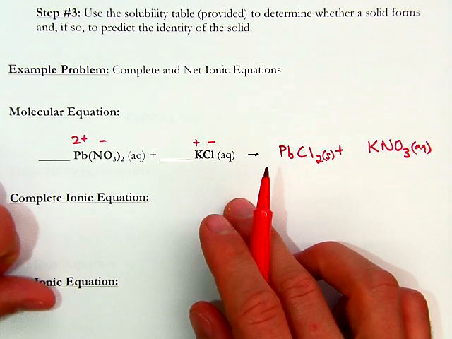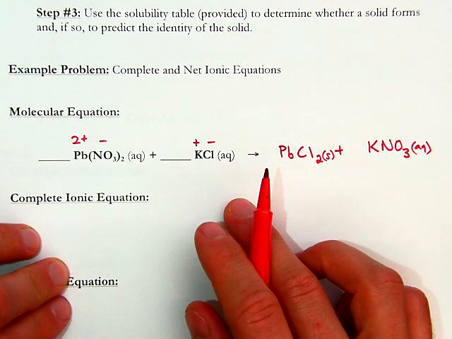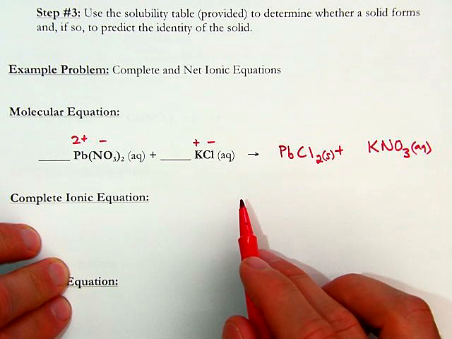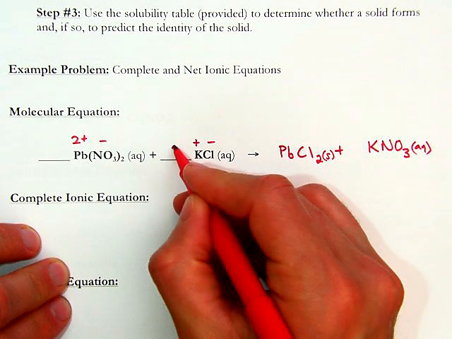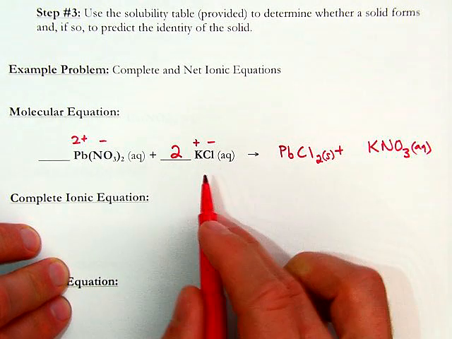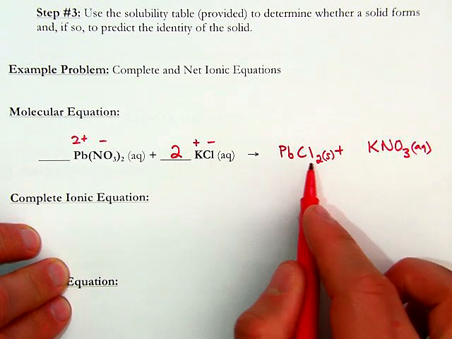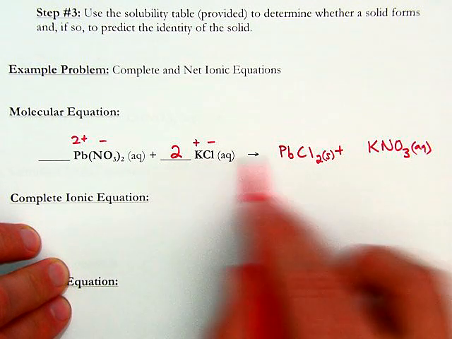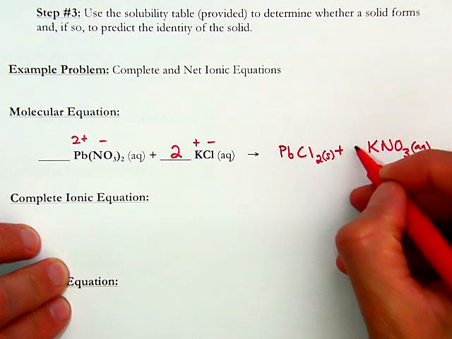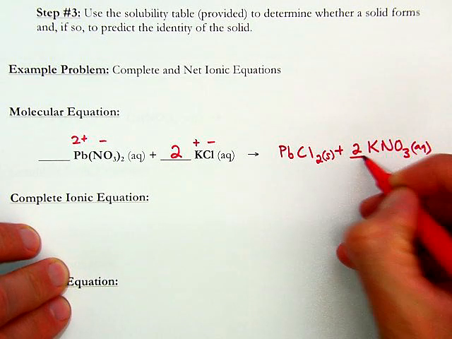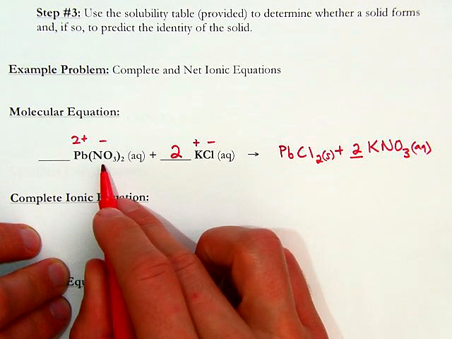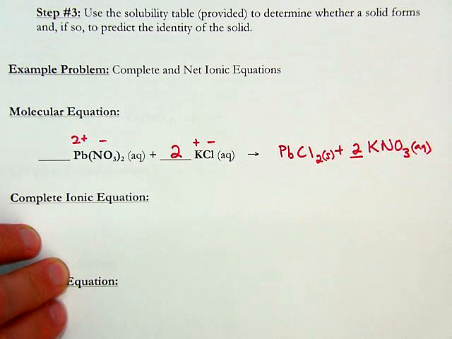So things aren't balanced in this equation. If we put a 2 in front of this, now we have 2 Cls, and here we have 2 Cls, so that's balanced. But that gives us 2 Ks, and over here we only have 1 K. So we have to put a 2 in front of this. And doing that actually gives us 2 nitrates, which is good because we have 2 nitrates over here. So now we've balanced the equation.